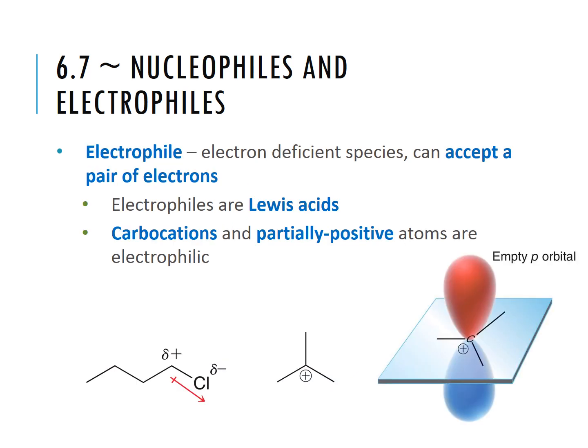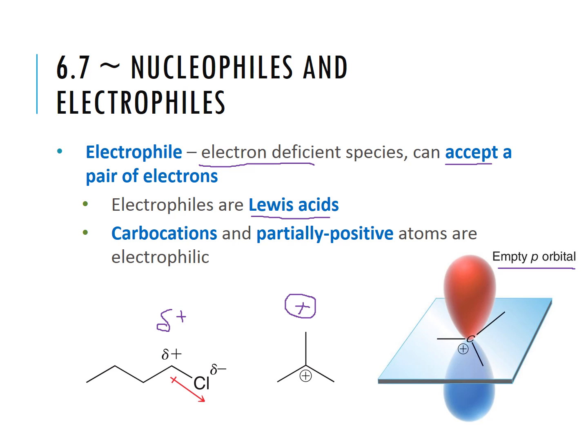In our electrophile category, these are electron deficient, which means they can accept a pair of electrons, and again, that puts them into the Lewis acid category. Our examples for our electrophiles or our electrophilic centers are atoms that are partially positive, have a full positive charge like our carbocation here, or something with an empty p orbital.